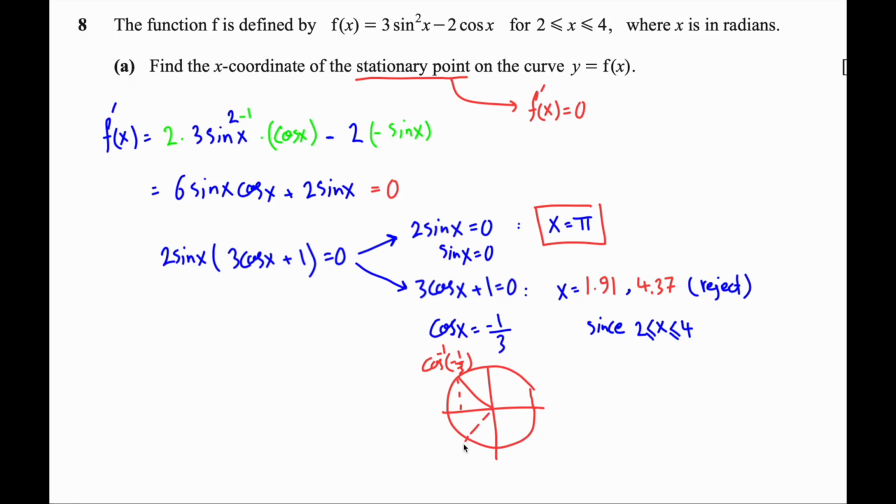And also there is one more angle, which its cosine is negative 1 over 3, and that would be 4.37, falls in the third quadrant. And both of them are rejected because my domain is defined between 2 and 4. Therefore, this is the only answer that I can find for question number 8.